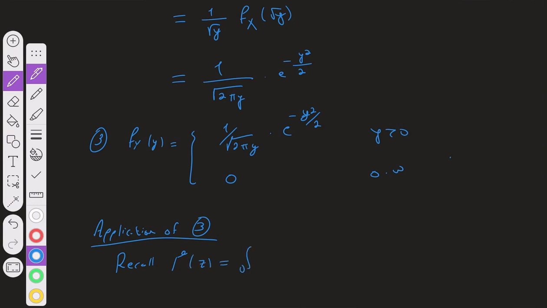I mean, it can be analytically continued, but for this application, we only care about it for real part of z bigger than 0. So this is the function defined as the integral of t to the z minus 1 times e to the minus t dt. We're integrating with respect to t from 0 to infinity, and this is defined for real part of z positive.